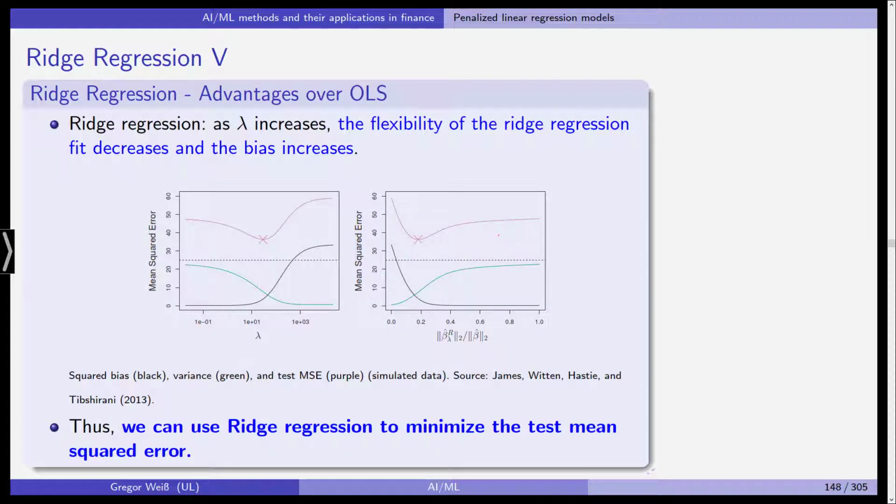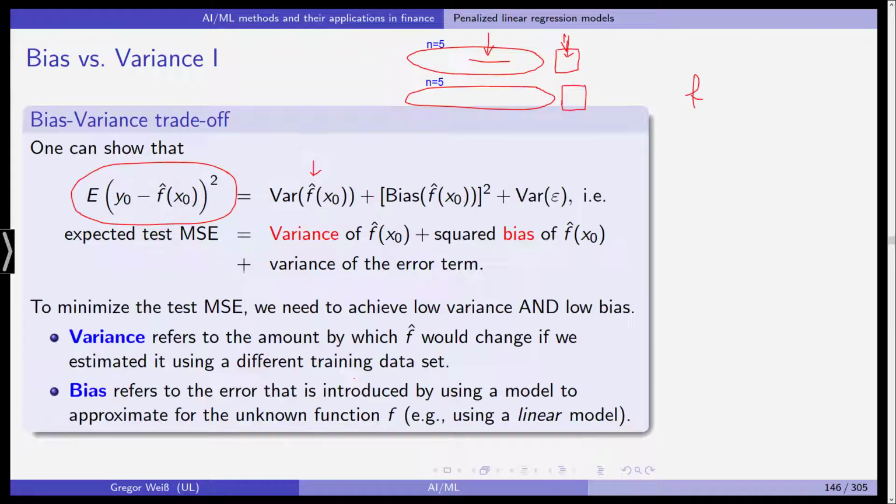And coming back to ridge regression, if we now increase lambda, we are decreasing the flexibility of the ridge regression, and the bias increases. And this is shown here. For example, we can see the squared bias in black, the variance in green, and the test MSE, which, as we've seen before, can be seen as a decomposition of the test MSE.